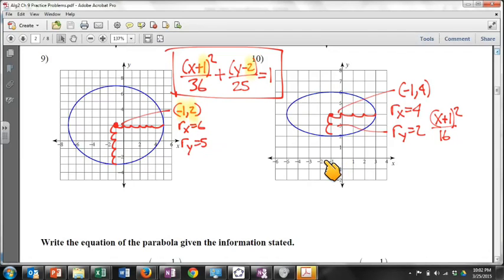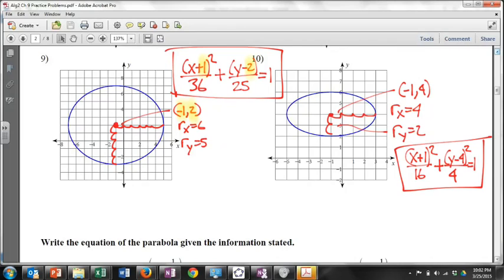That is, 4 squared is 16, plus y minus 4 quantity squared over 4. In that case we have 2 squared is 4, and all of this is equal to 1. Let me move this down so we can see it a little bit better. And there is the answer for number 10.